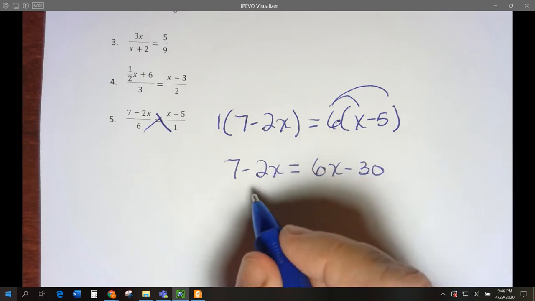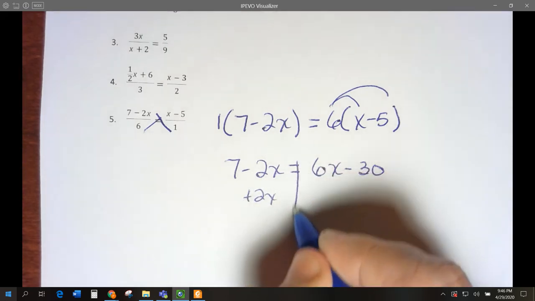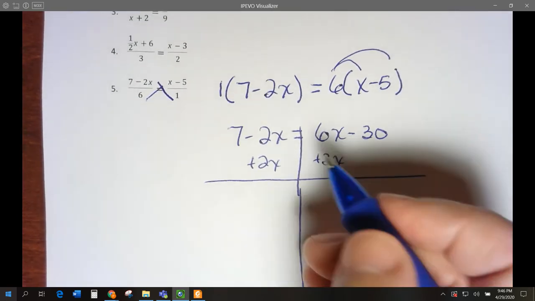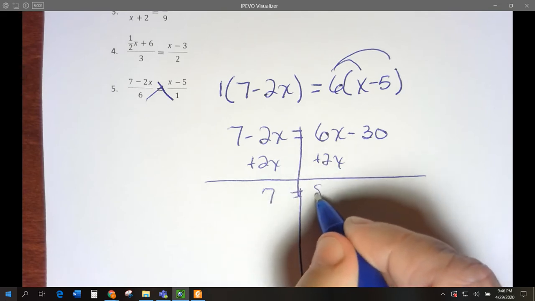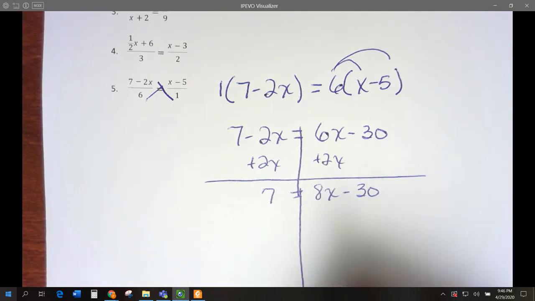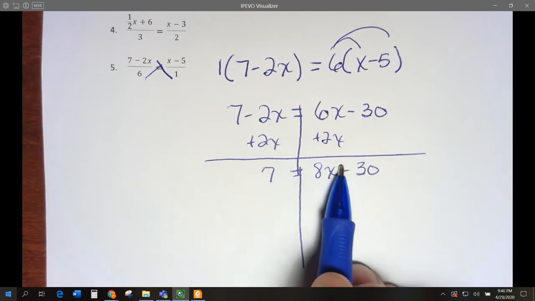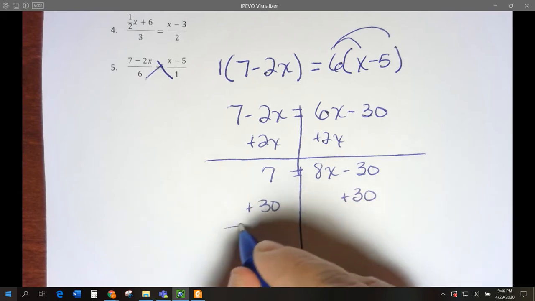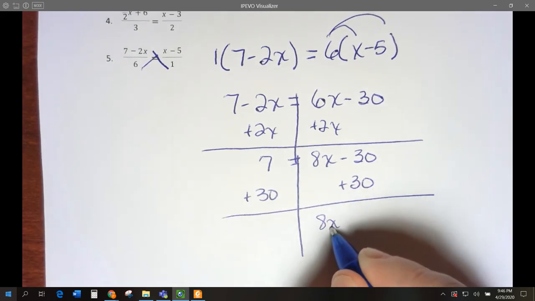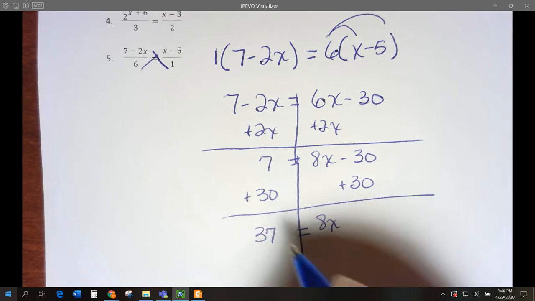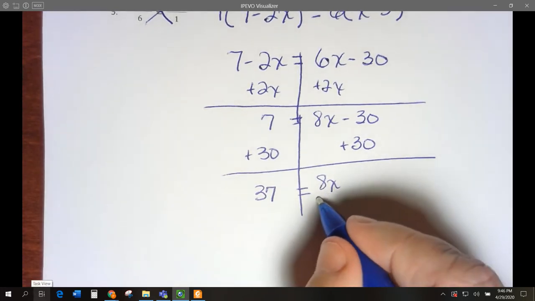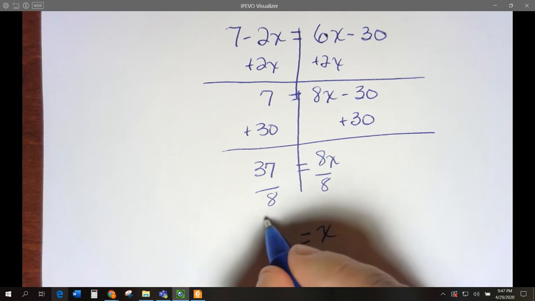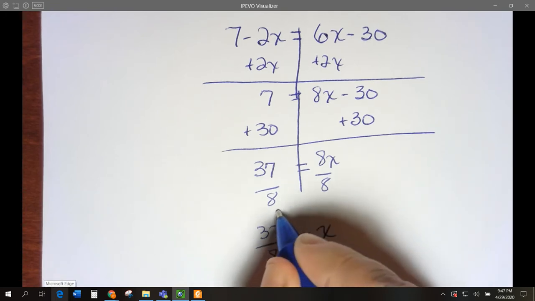So to get rid of it, we're going to add 2x to both sides. So we're going to get 7 equals 8x minus 30. To get rid of subtracting 30, we're going to add 30 to both sides. So we're going to get 8x equals 37. And now we're going to divide by 8. And x is going to equal 37 over 8.